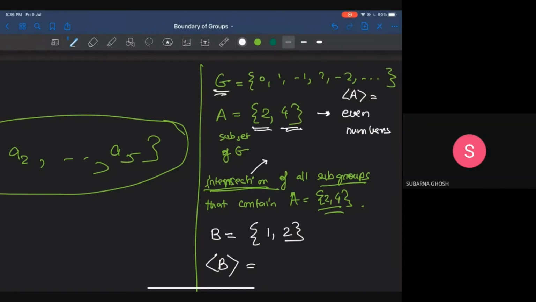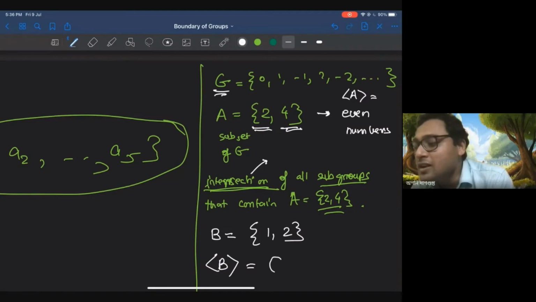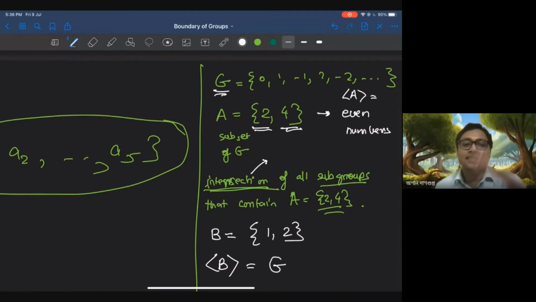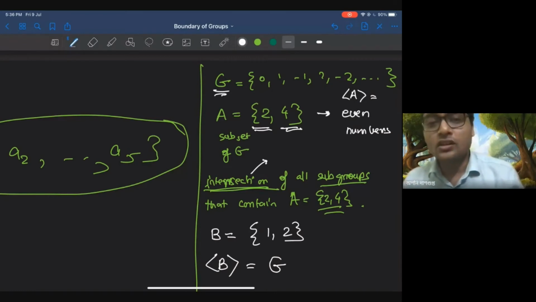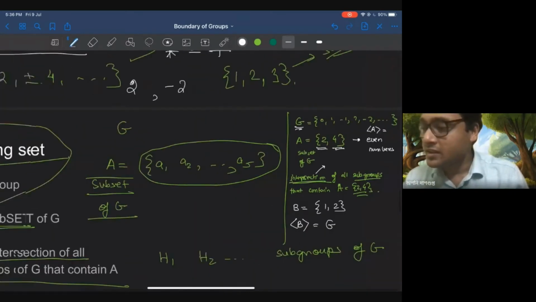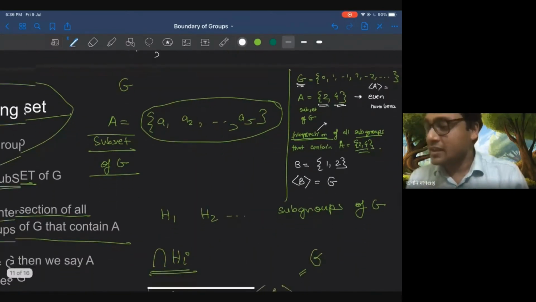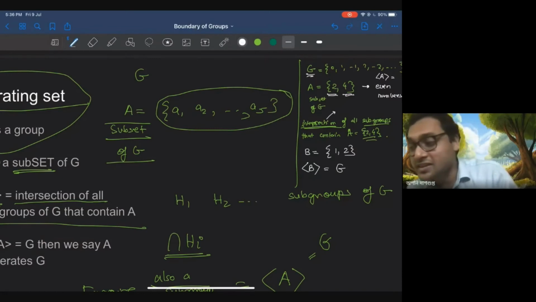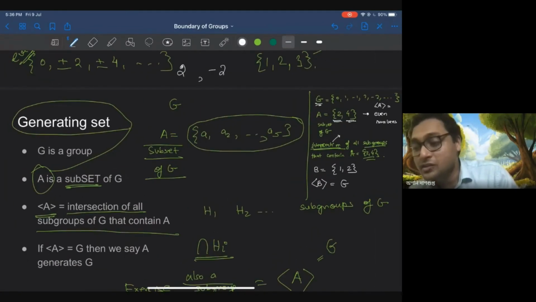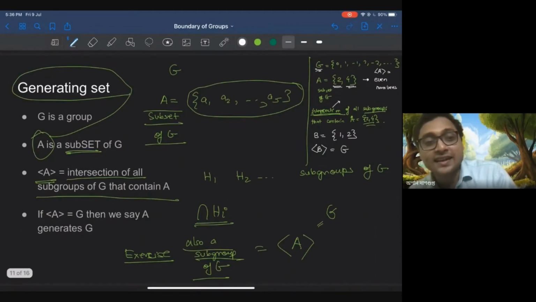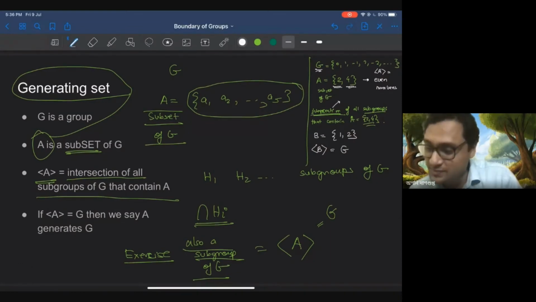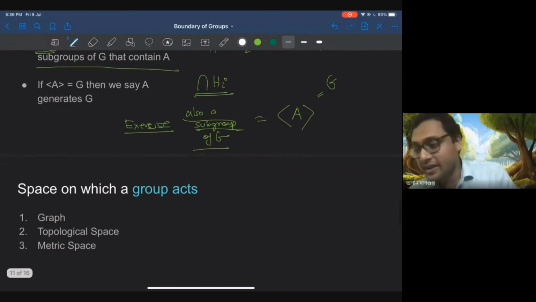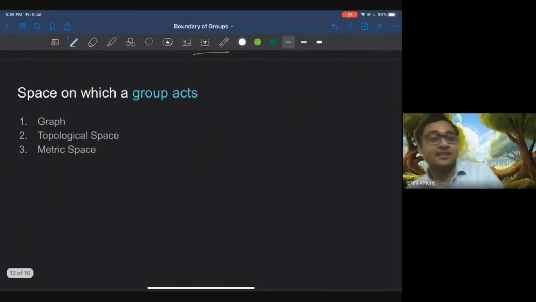Maybe the total set G. So Shubharna is saying this is equal to G, the entirety of G. All the elements of G can be created using these two elements. Okay, I was not saying it that way. It was all the subgroups that contain 1 and 2, the intersection of all of them. Shubharna is saying that it is the entirety of G, that is all the integers. So that's another exercise that you can try.